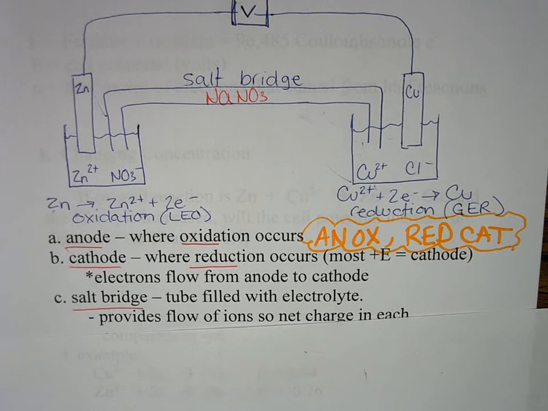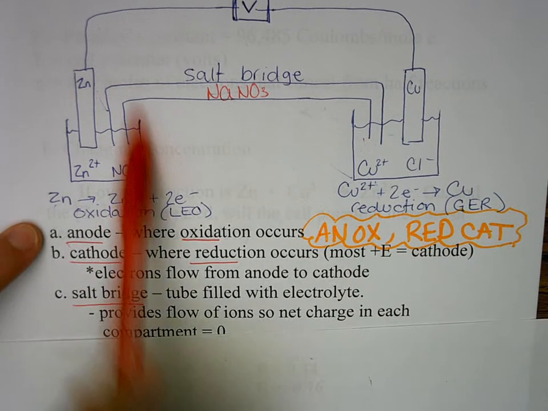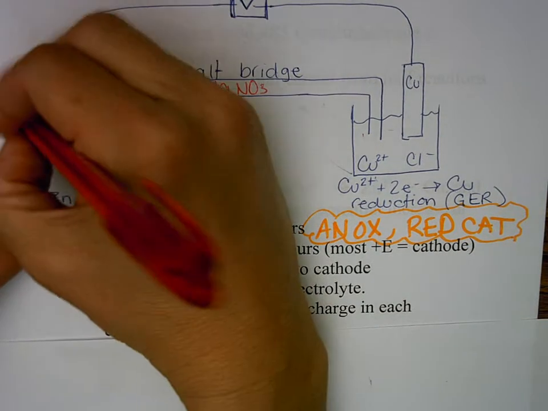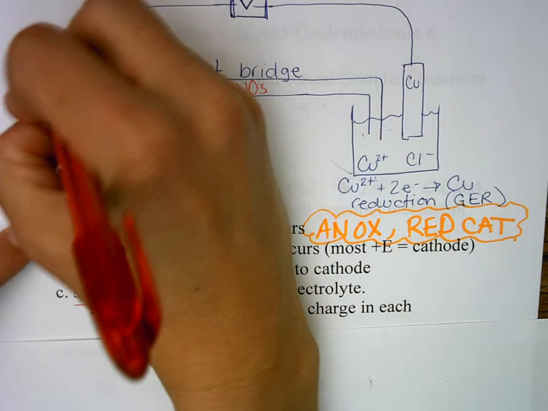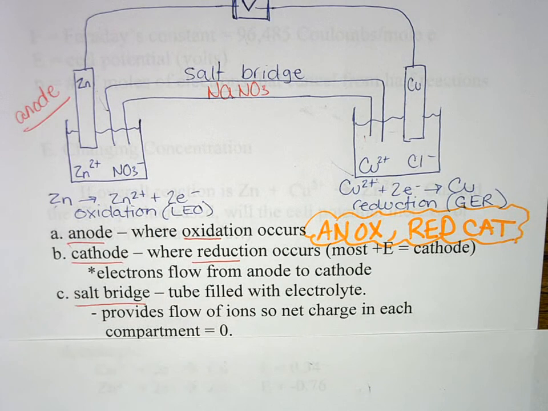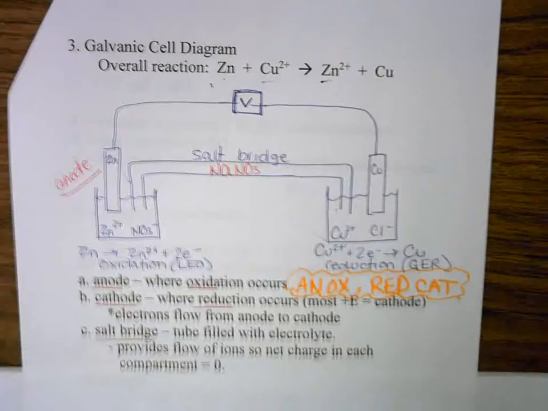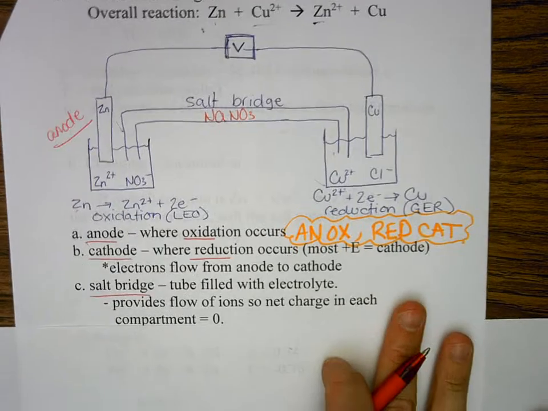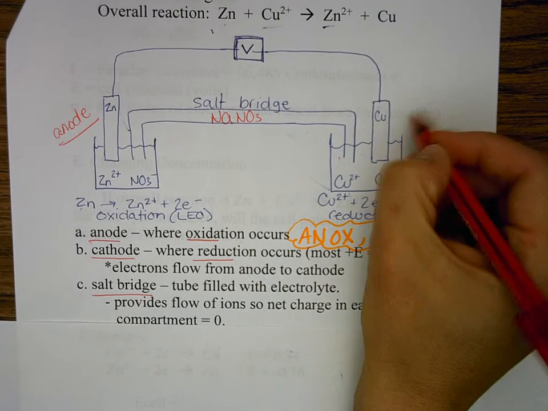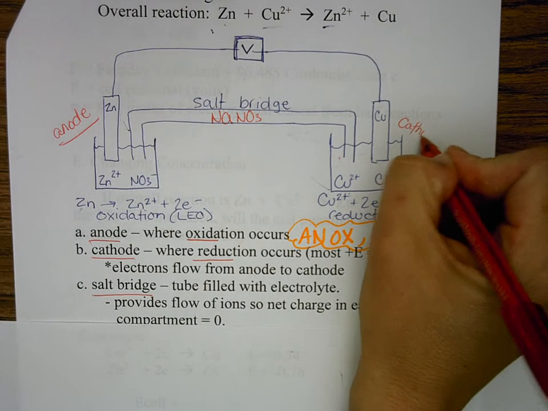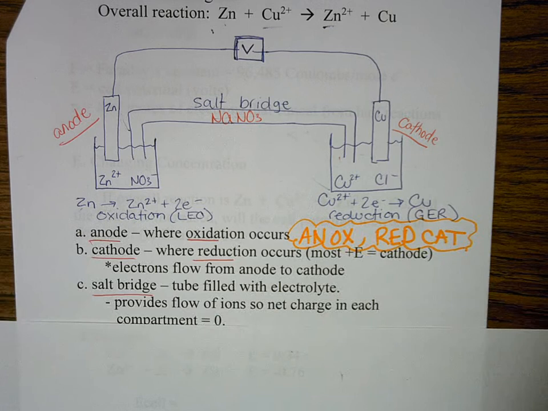So oxidation, that's my zinc side. So that is the anode. The reduction side is the copper side. So this side over here is the cathode. It'll ask you to label those things. Also, it'll ask you to label the flow of electrons.